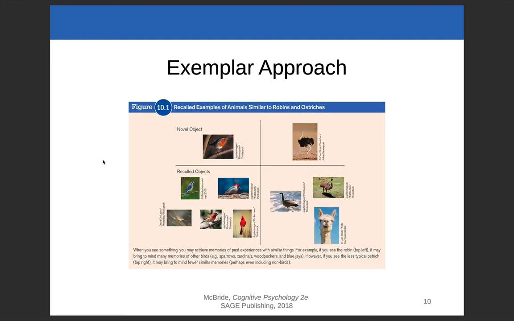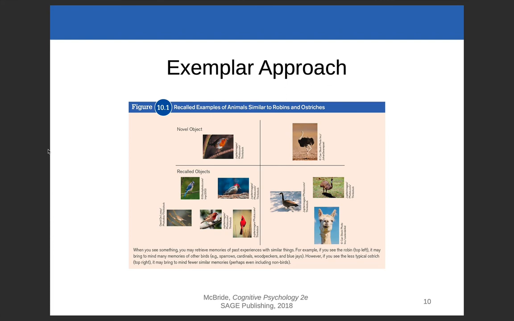So here's an example, right? Here's the bird example. I come across this particular bird that you see here at the top on the left, and I go through all my recalled birds that I've seen in the past, and I categorize this new thing as a bird. Over on the right-hand side, we see, oh my God, what is that?